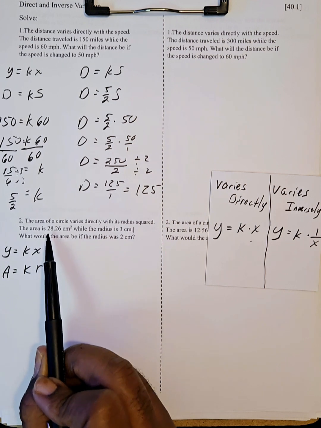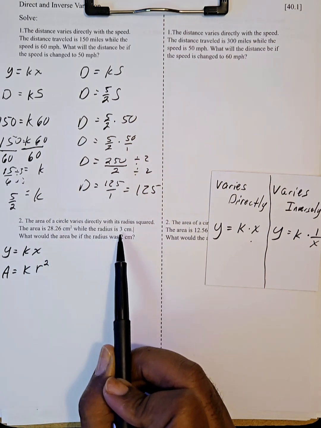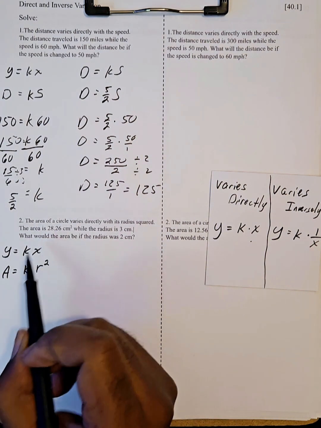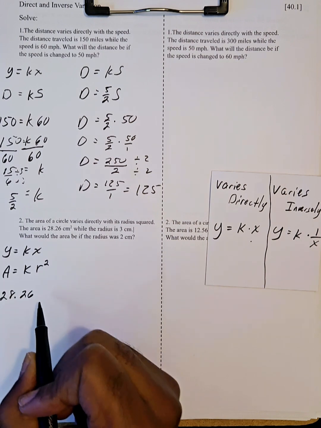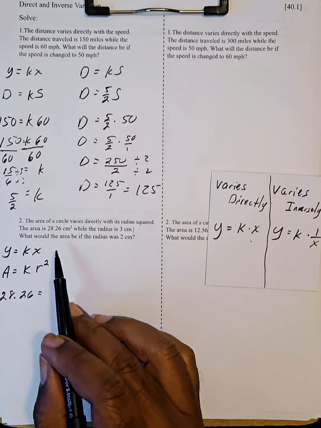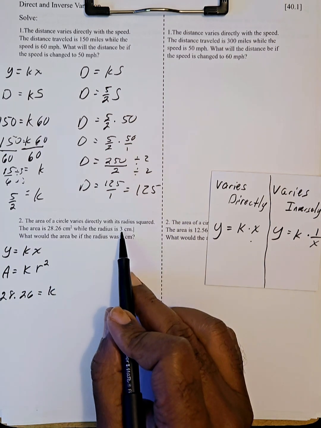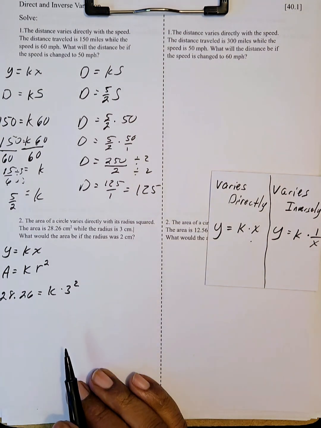Next, they say the area is 28.26 squared, while the radius is 3. So let's put that in. So we're going to substitute the area for 28.26, and that's going to equal the constant and the radius squared. So radius right now is 3. So this will be times 3 to the second power.